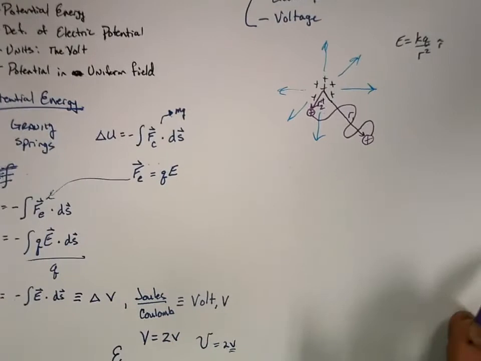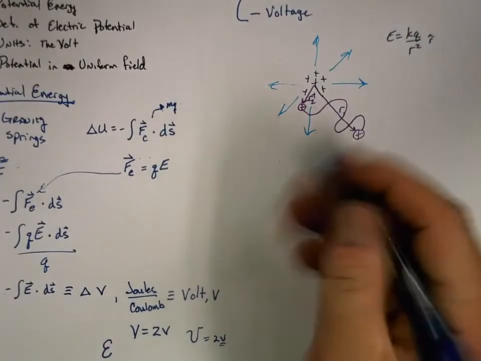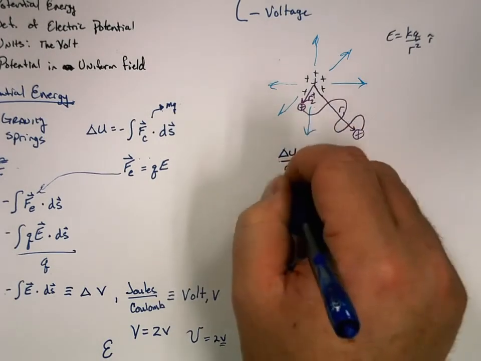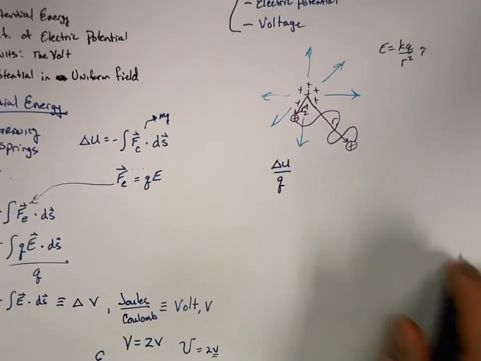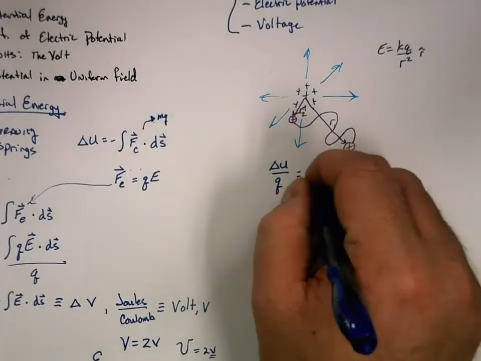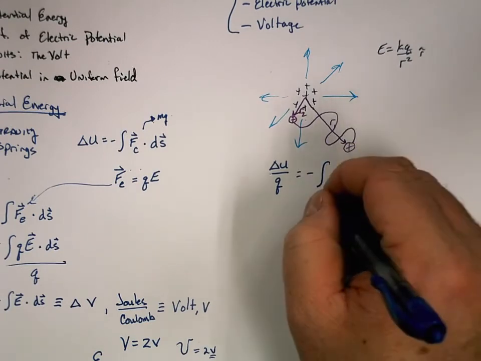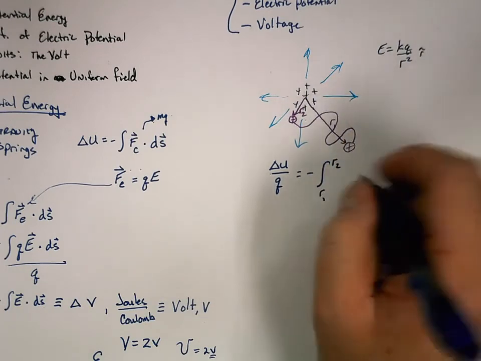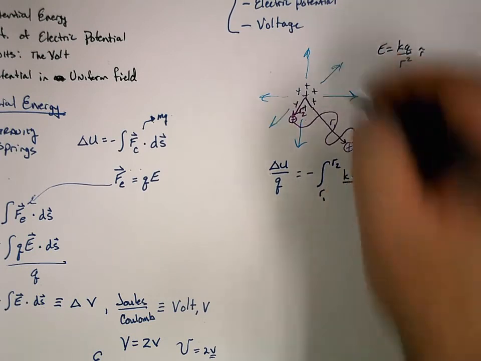So we get our delta U over Q, from our potential down here, equals negative integral from R1 to R2 of KQ.